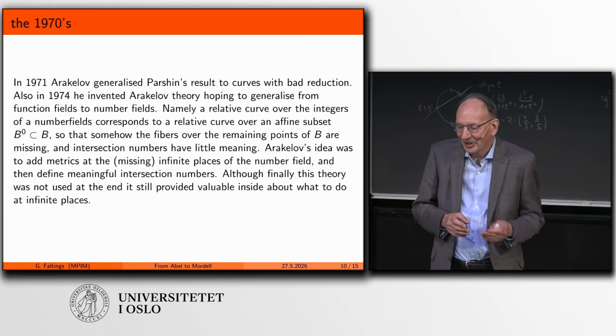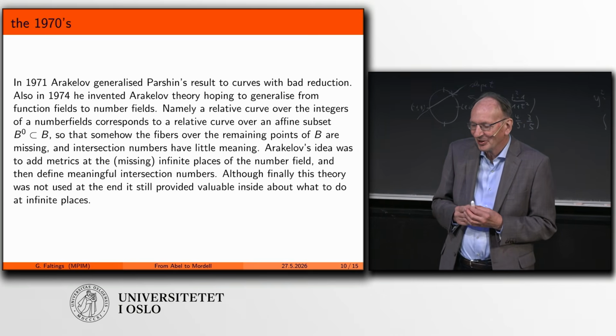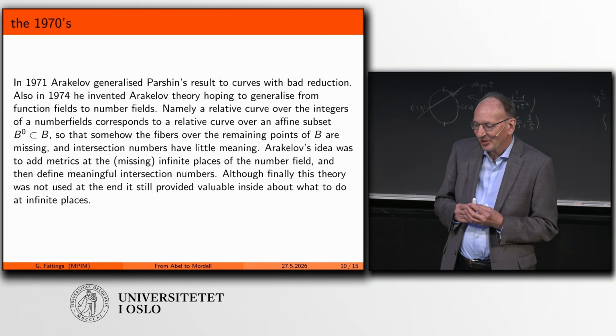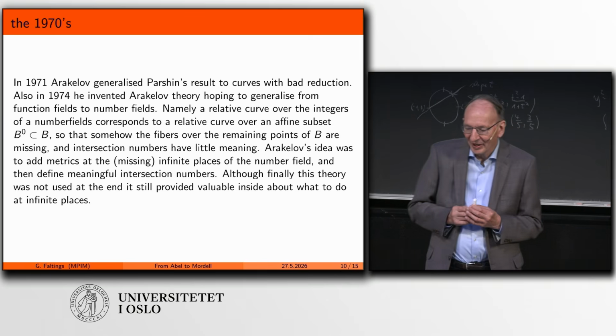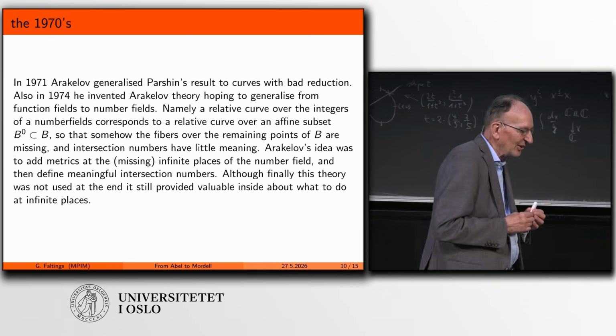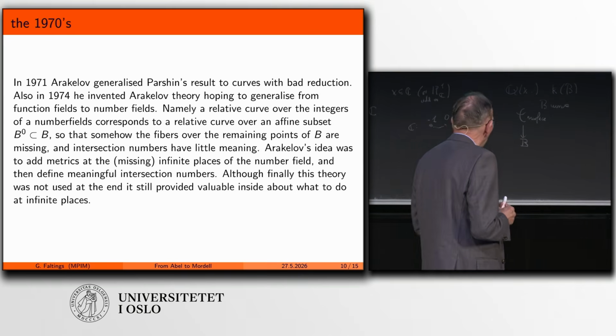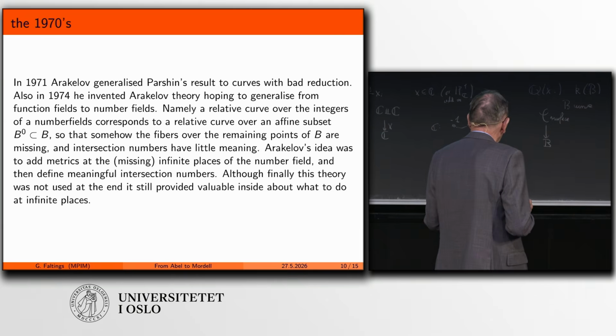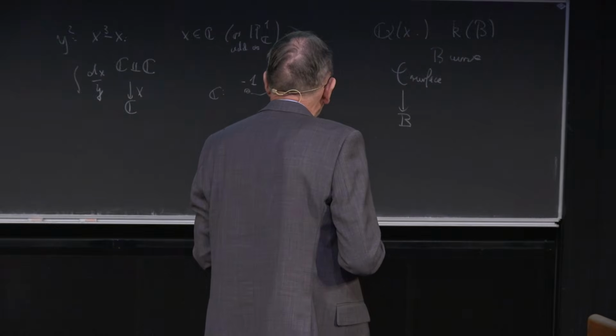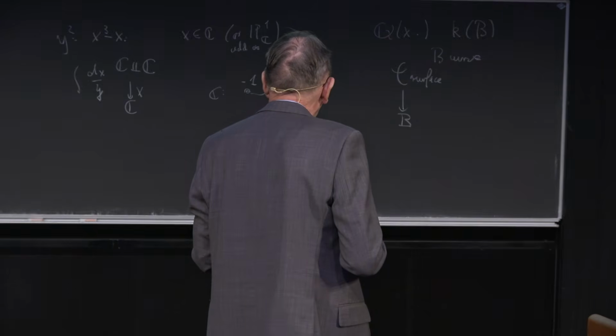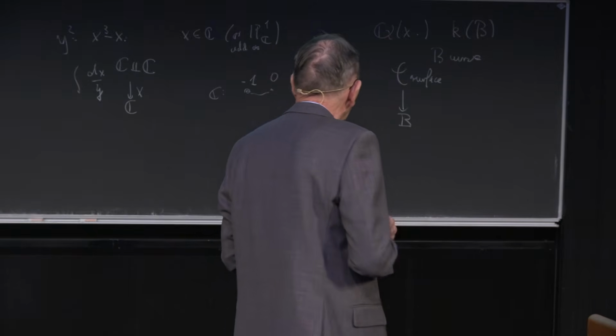Okay, then we come to the 1970s. So there was Arakelov. He generalized Parshin's results to curves with bad reduction. And also in 1974, he invented Arakelov theory. So the idea is if you're over function fields, then out of the curve you get a surface over the base.